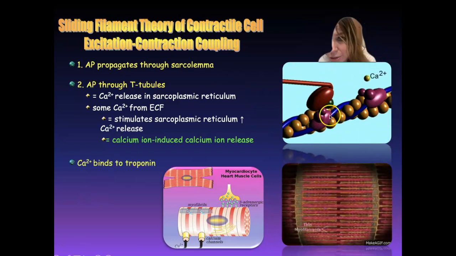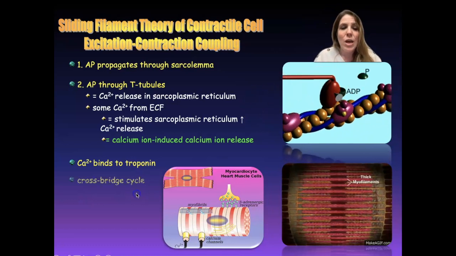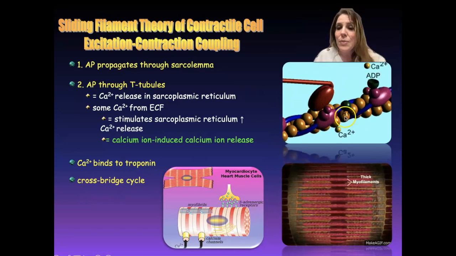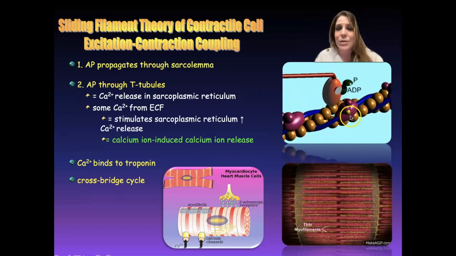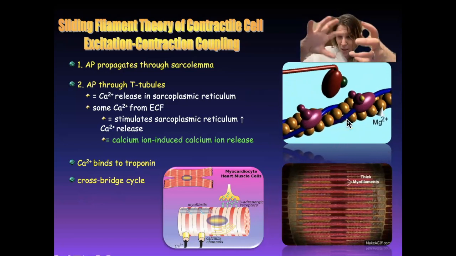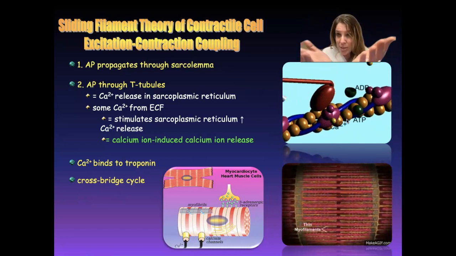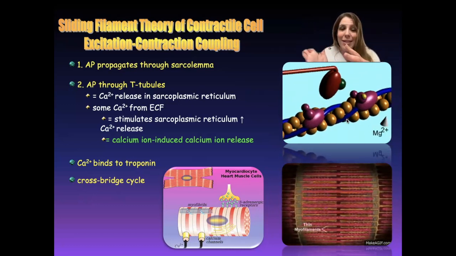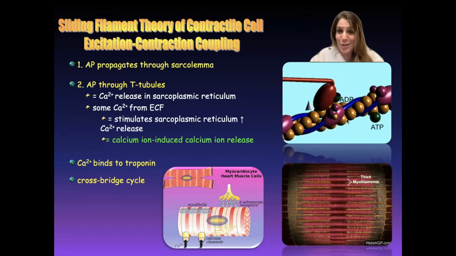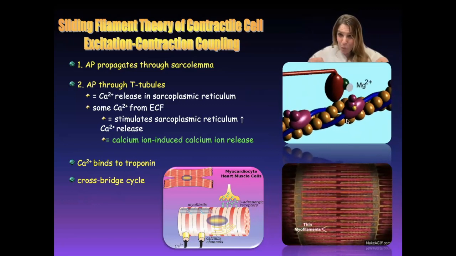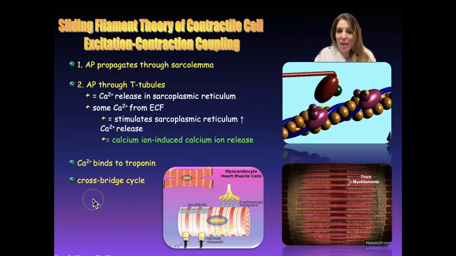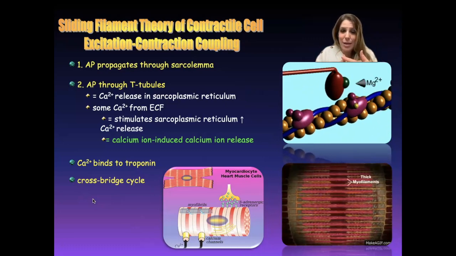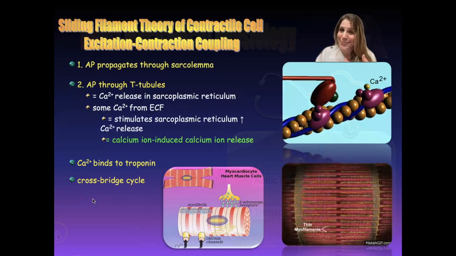So taking a little look here, just remember this is called the cross-bridge cycle, where the myosin heads are binding to the actin filaments as a result of the calcium binding to troponin, kind of causing a conformational shift that opens up a space, basically exposes the actin filaments to the myosin head. And then just like rowers on a canoe, it binds and it pulls back. That's that cross-bridge cycle. And that's pulling those filaments tighter, closer together. And that is a contraction at the cellular level.